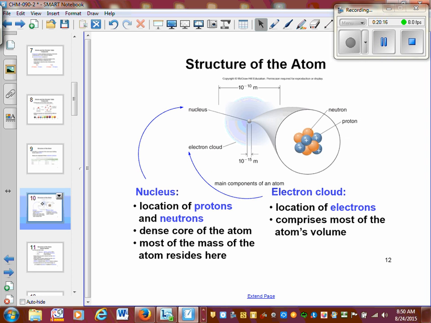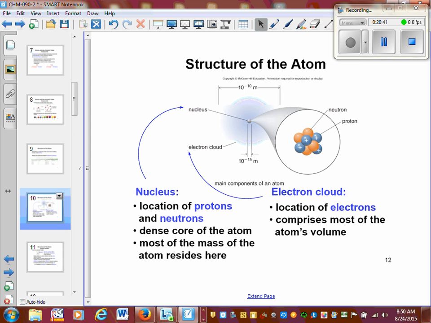So if we look at the structure of an atom, we have the nucleus, the core. That's where the protons and neutrons are located. So the nucleus has a positive charge. It's surrounded by electrons. The electrons form what is called an electron cloud around the nucleus.